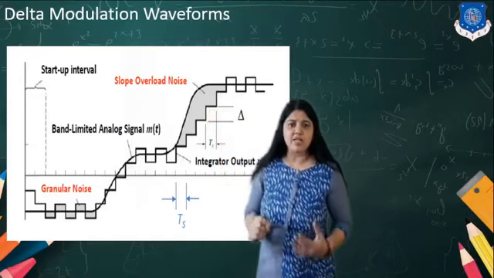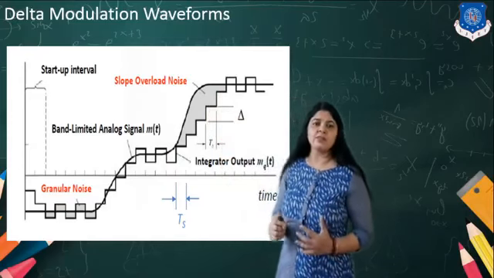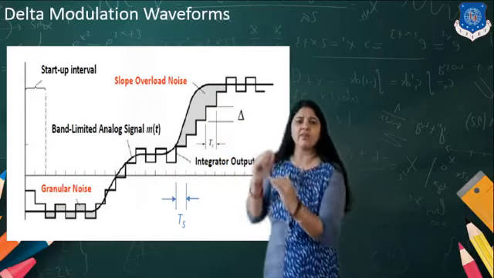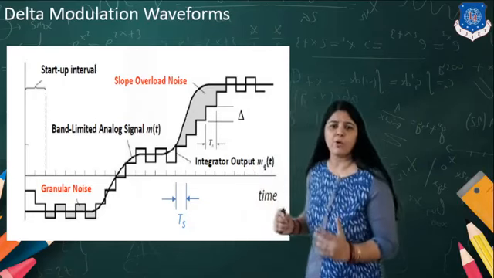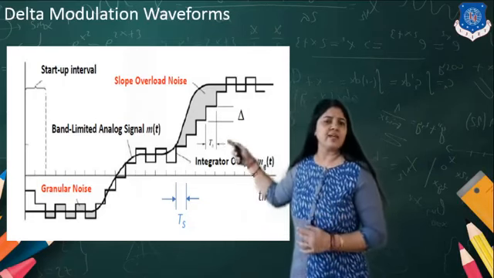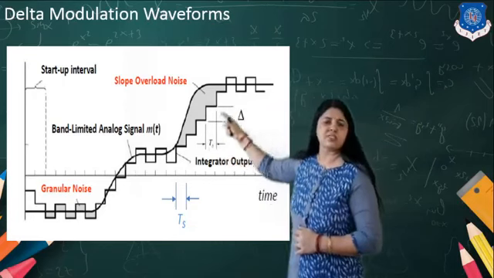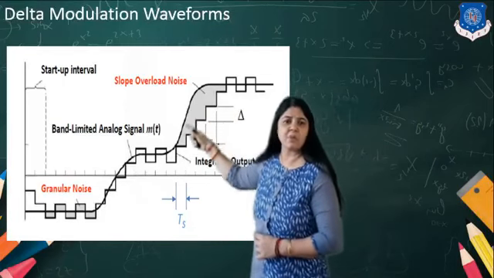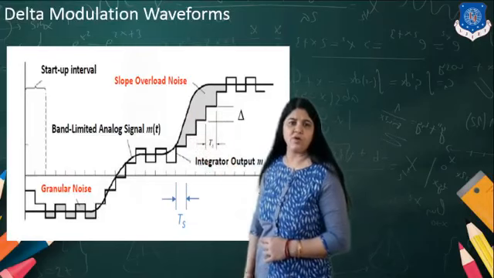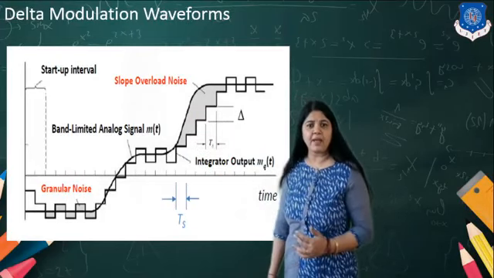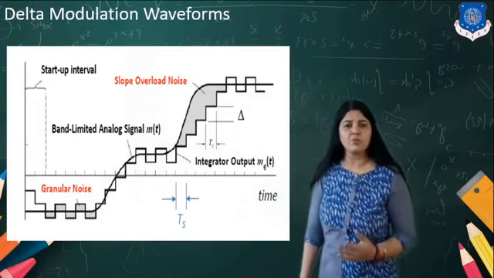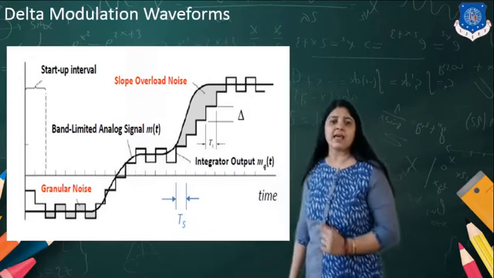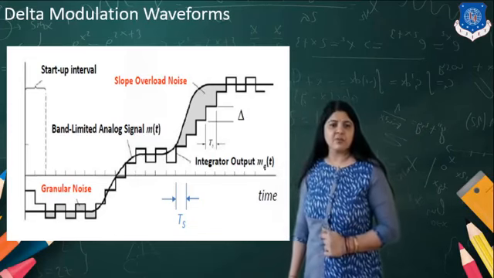Sometimes, when there is a small variation in the slope, the output will not follow the staircase waveform. At that time, we don't get an output value that is the same as the input one.